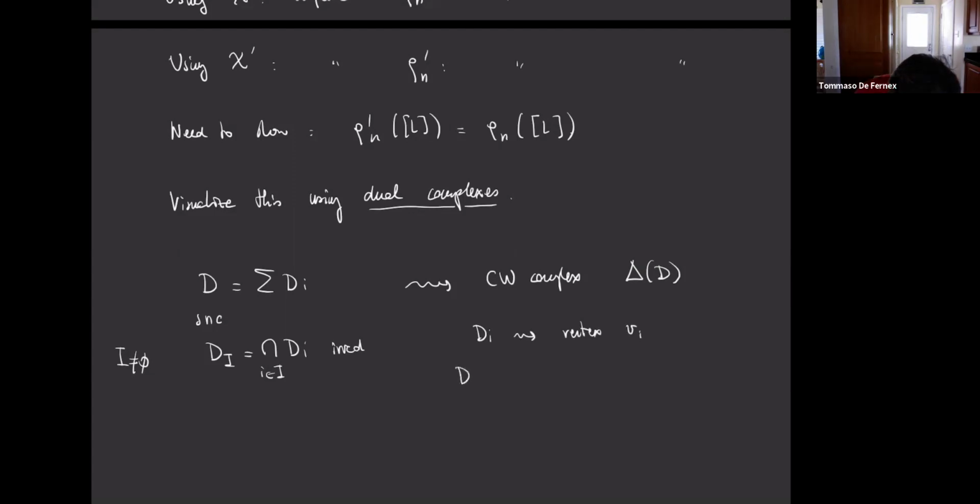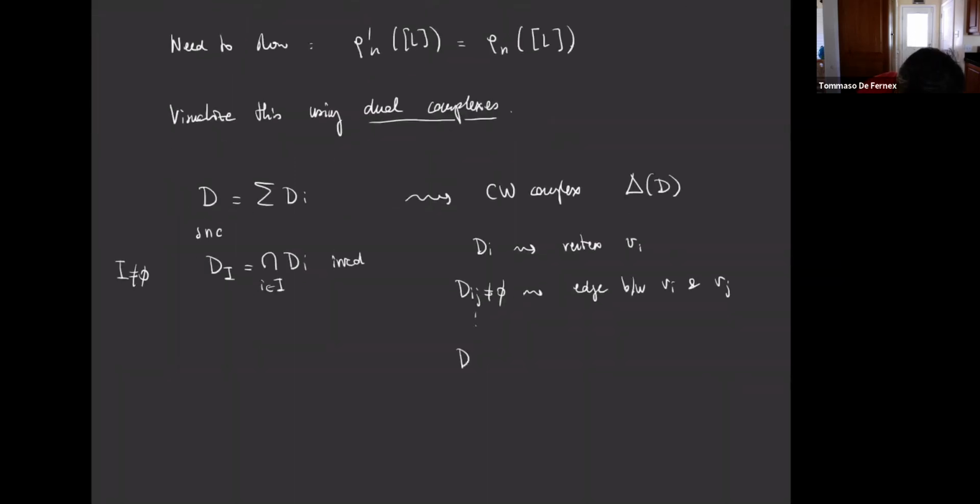Then every time I have a Dij non-empty, I put an edge between Vi and Vj. And in general, to each non-empty stratum I put an open face, sigma I, in the right place. And of course, inclusion between the strata, or if you like, reverse inclusion between the index sets, will determine the gluing of these faces inside the CW complex.